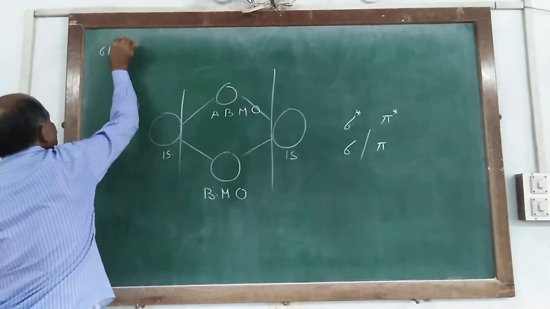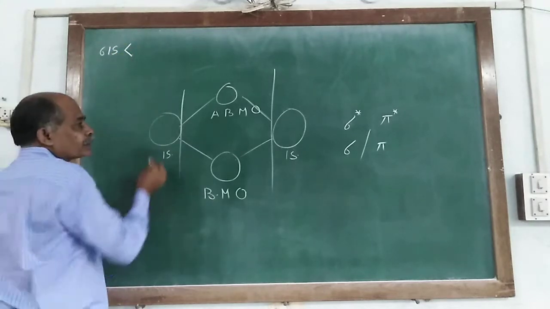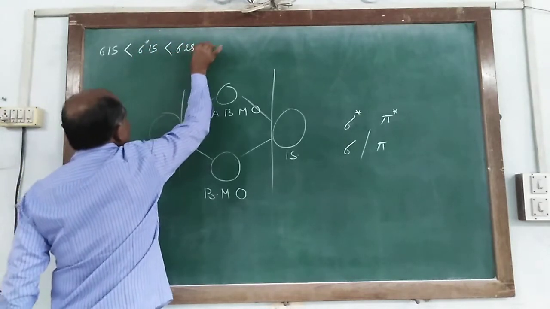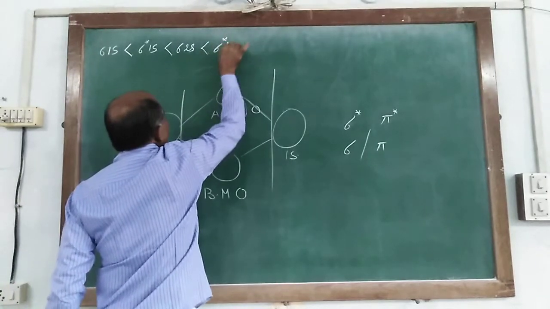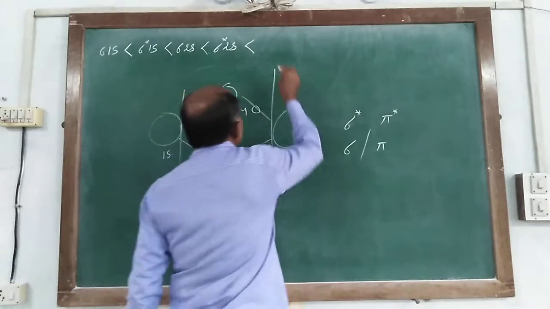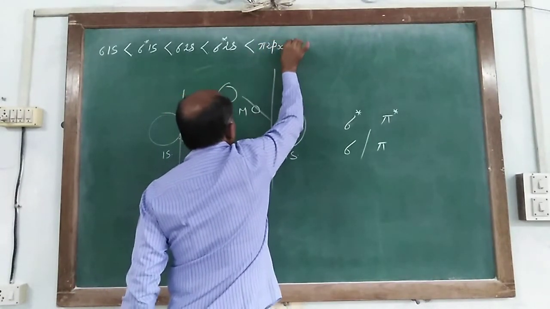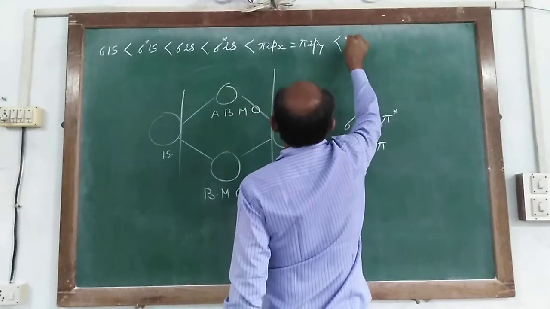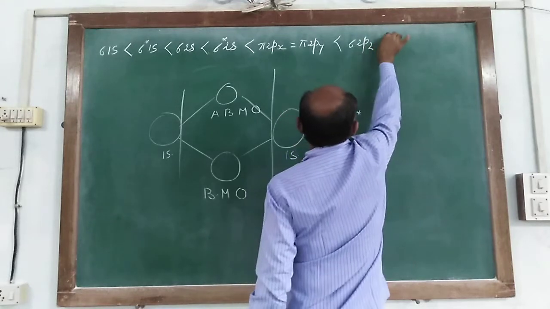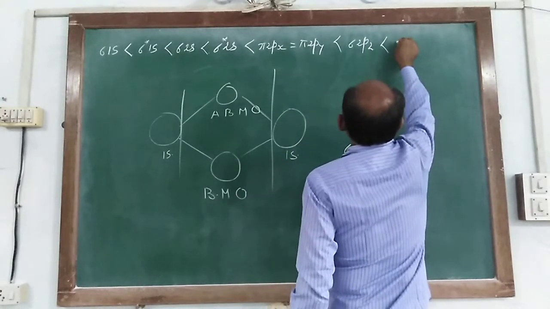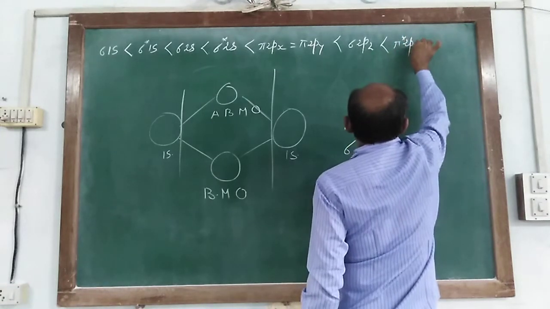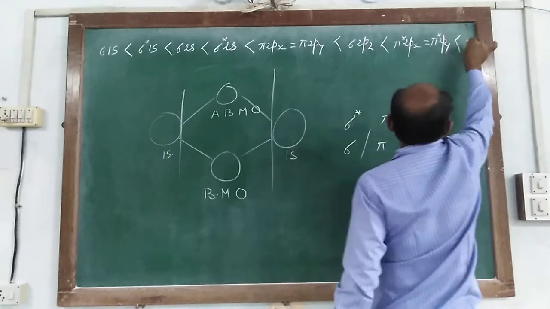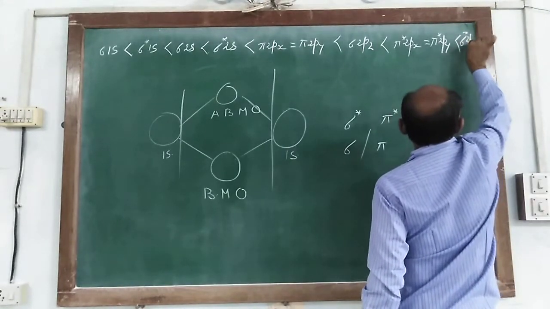sigma 1s, then higher, sigma star 1s, then sigma 2s, then sigma star 2s, then pi 2px equal to pi 2py, then sigma 2pz, then pi star 2px equal to pi star 2py, and then sigma star 2pz.